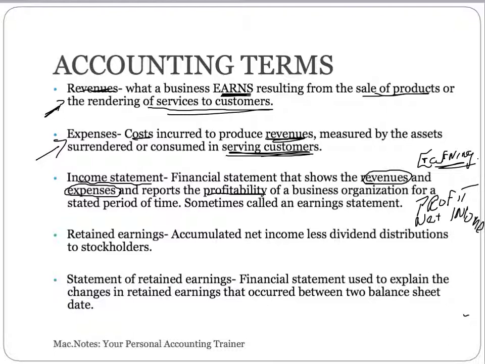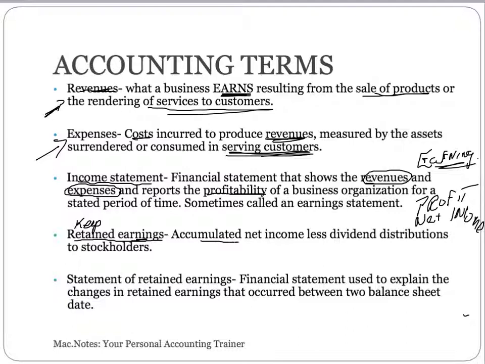And this money belongs to the shareholders, so we keep a record of that in a financial statement called retained earnings. Retain means to keep. And if the business keeps the earnings, the net profit, they keep it in this account called retained earnings. It's not cash, but it just shows you how much of the earnings are owed to the shareholders.